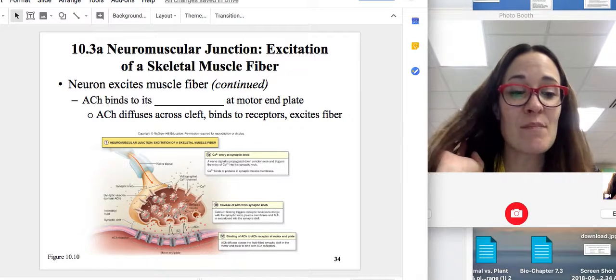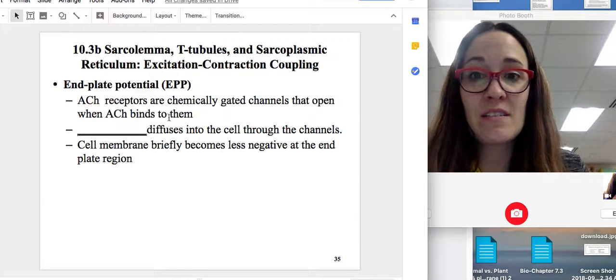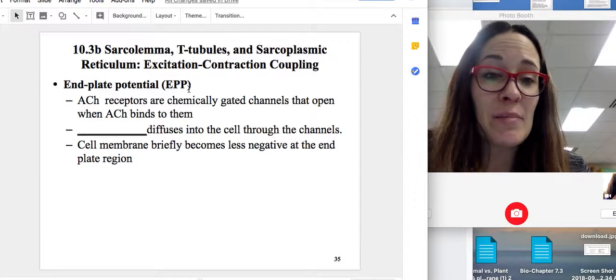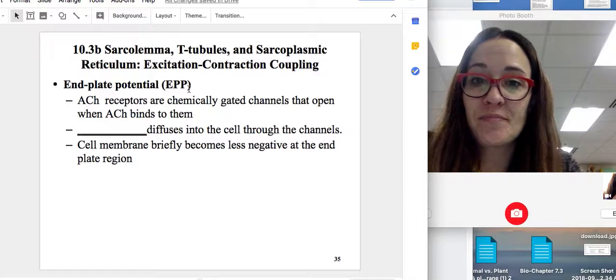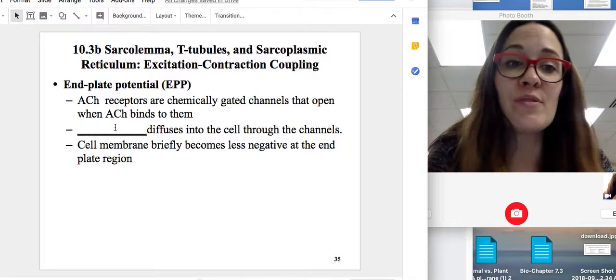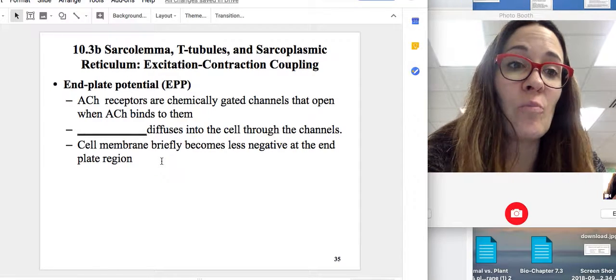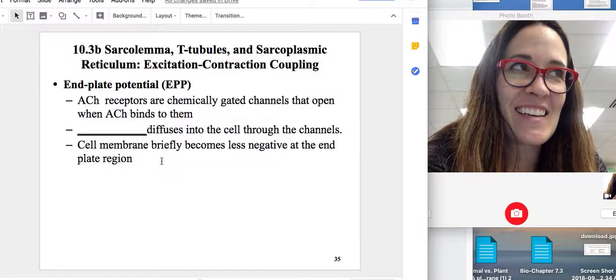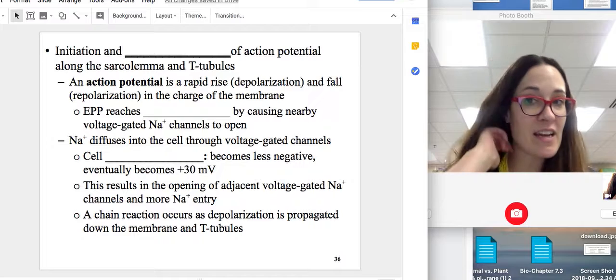And then it excites the muscle fiber. And now the electrical message, the end plate potential, is traveling now on the muscle cell. Because it starts spreading because sodium diffuses in through those openings, those channels. And the cell briefly becomes less negative because this has more positivity going in it.